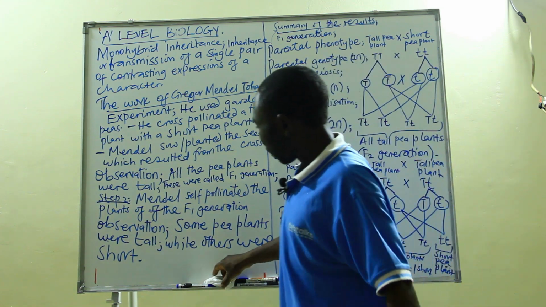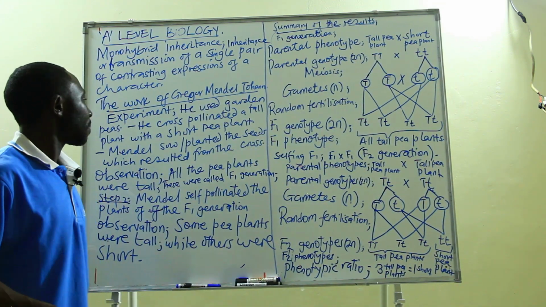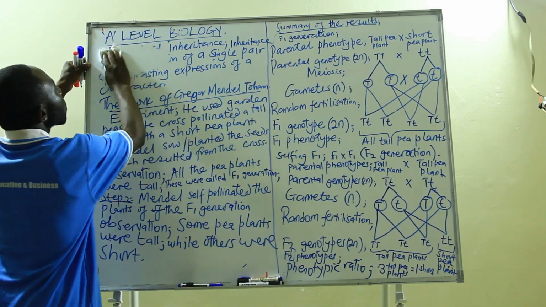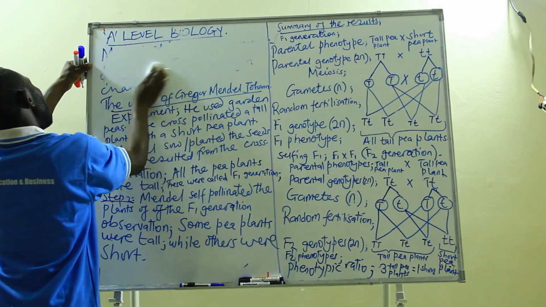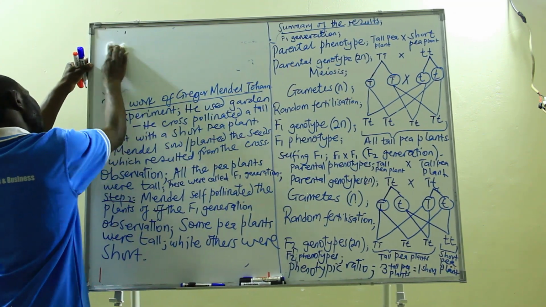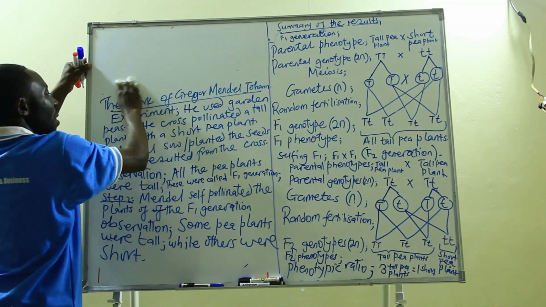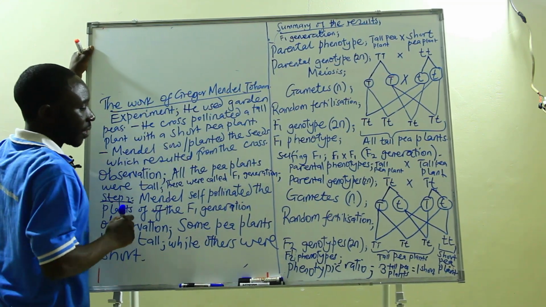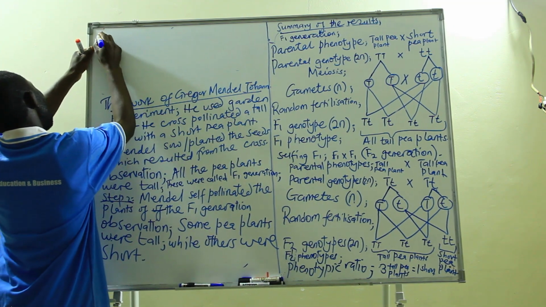So now here, what can we say? If we compute ratios from the F2 generation of the cross, what do we observe here?